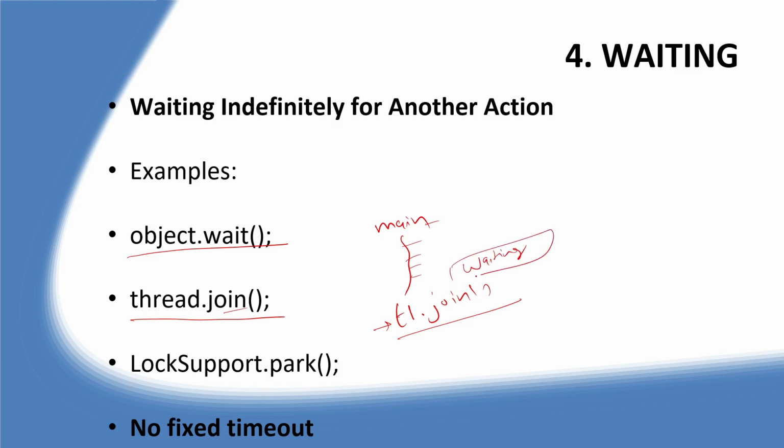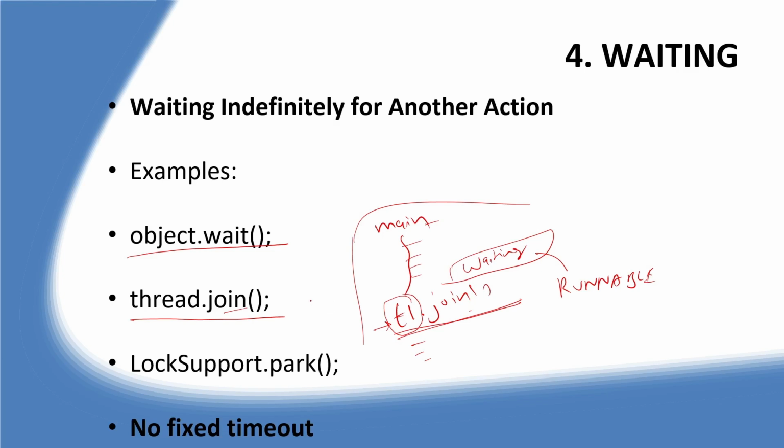Why? Because this statement says t1.join. That means the main thread will wait until t1 completes its cycle, that is, until it terminates. After completion of the t1 thread, the main thread will come back from waiting to runnable and execute the remaining lines of code. Okay, we will see join exactly in later parts of the video. I have just given you a brief.